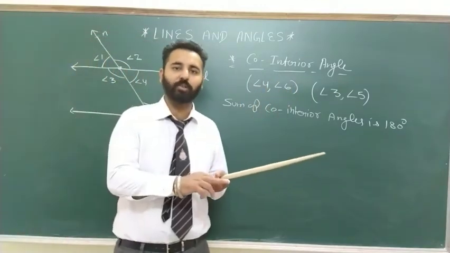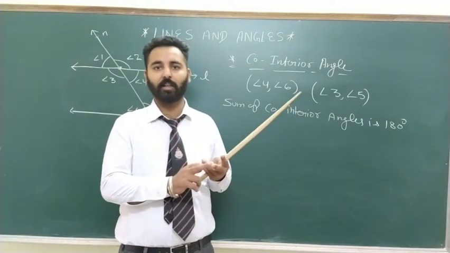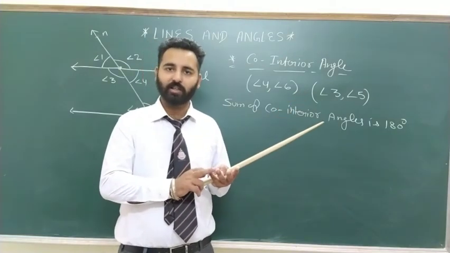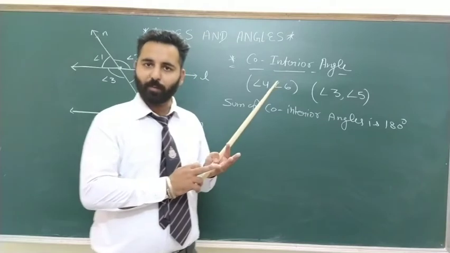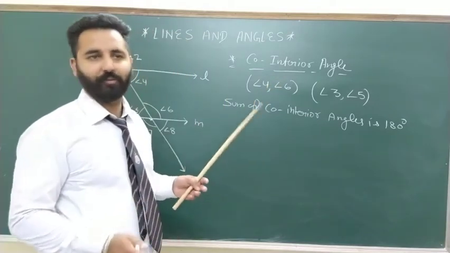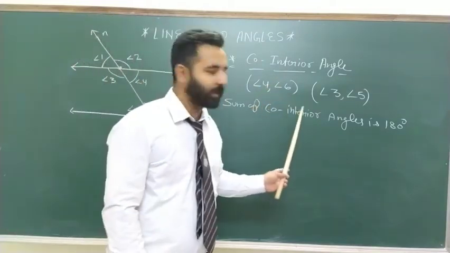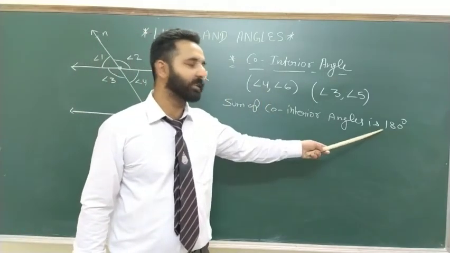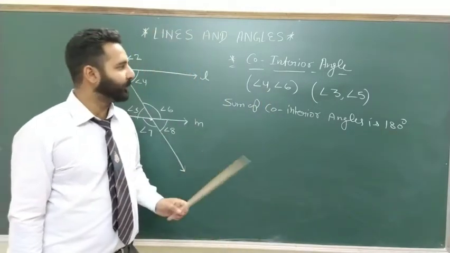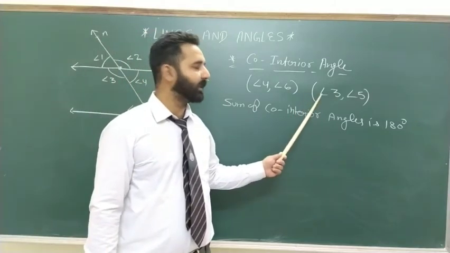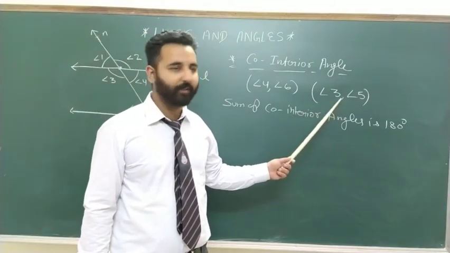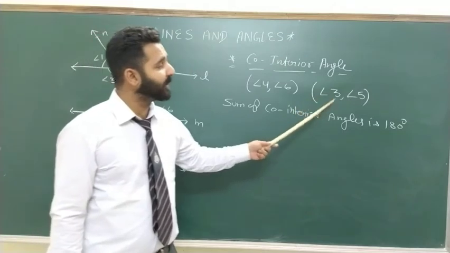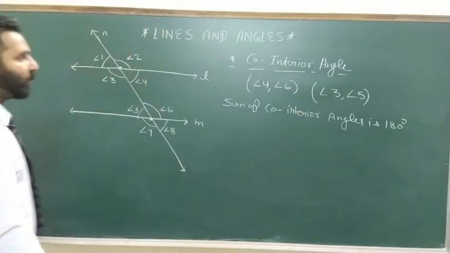In vertically opposite angles, alternate interior angles, alternate exterior angles and corresponding angles, they were equal to each other. Here angle 4 is not equal to 6, but the sum of angle 4 plus angle 6 is equal to 180 degrees. Same in the case of the second pair, angle 3 is not equal to angle 5, but angle 3 plus angle 5 is equal to 180 degrees.